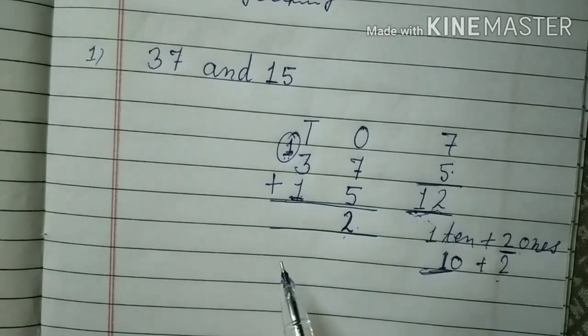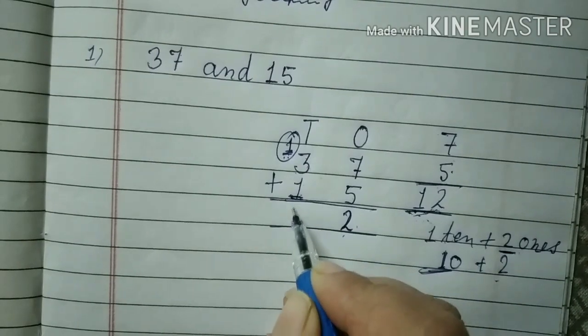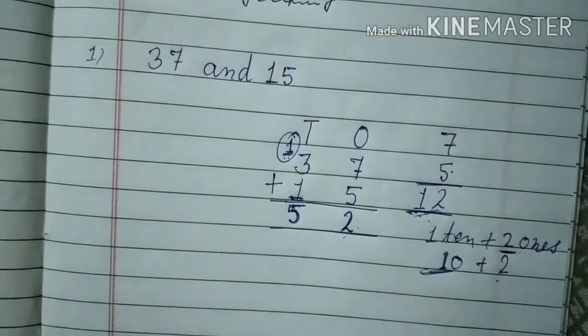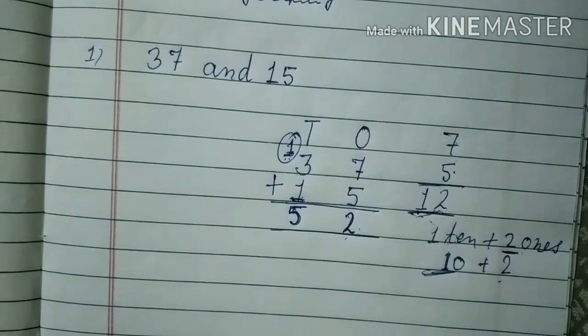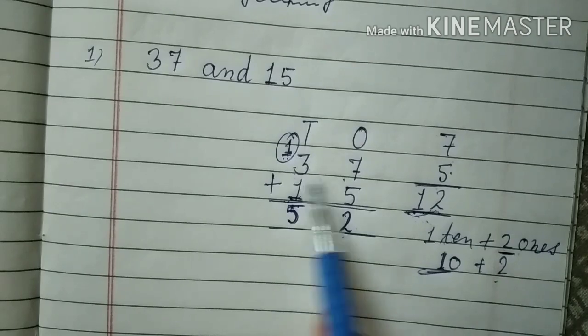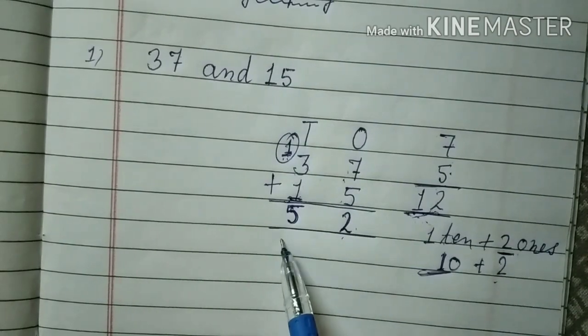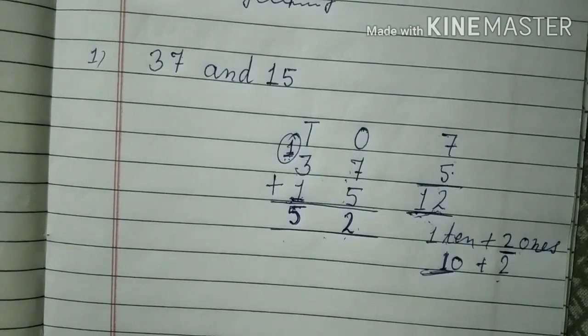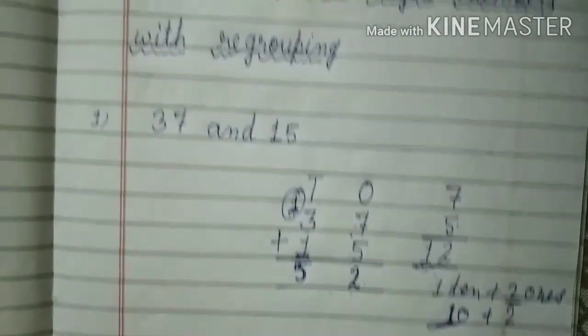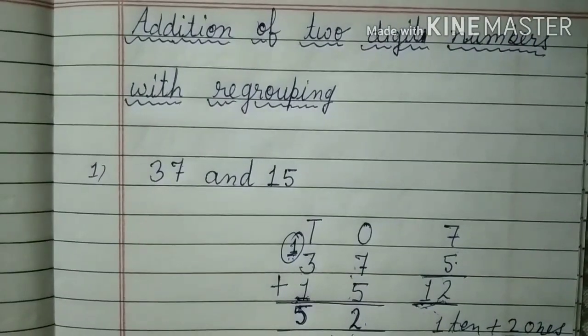So we write 5 under the tens place. In this way, when we add 37 and 15, we get 52. So students, in this way you can add numbers with regrouping.